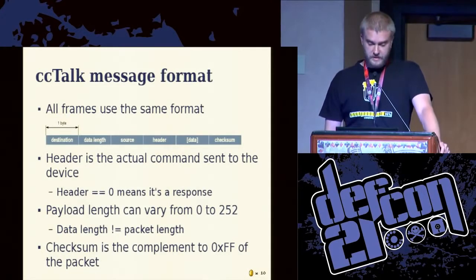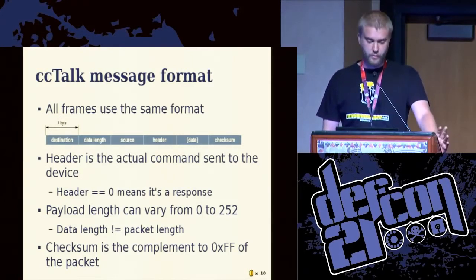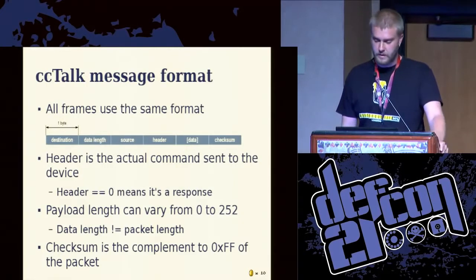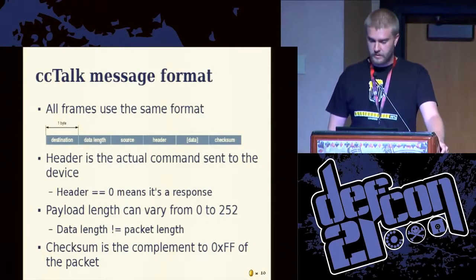A ccTalk frame looks just like this. You have 1 byte for the destination address, 1 byte for the data length, 1 byte for the source, 1 byte for the header. I'll talk about this later. Then several bytes of data, depending on what command you send to the device, and a checksum.